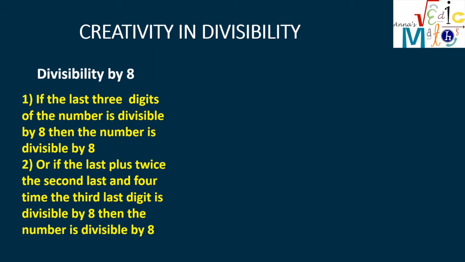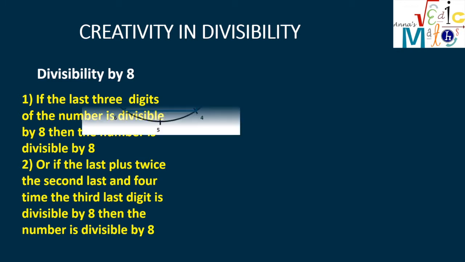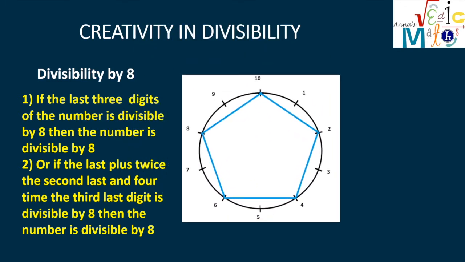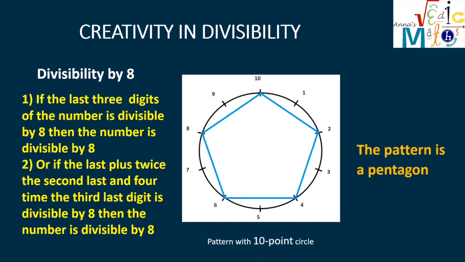For the pattern, we take the 8 times table, we consider the ending figures, and we draw the pattern in the 10-point circle. We obtain a pentagon.